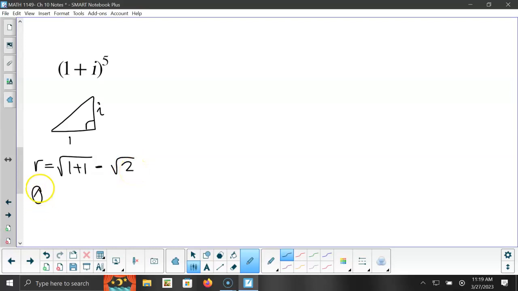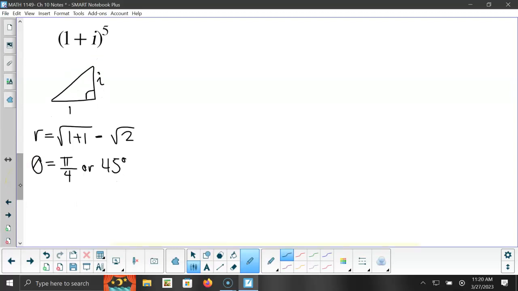And then theta, any ideas on the theta? Are my legs technically equal? Yeah, pi over 4, or 45 degrees. It's basically a 45, 45, 90 triangle, but with complex numbers.